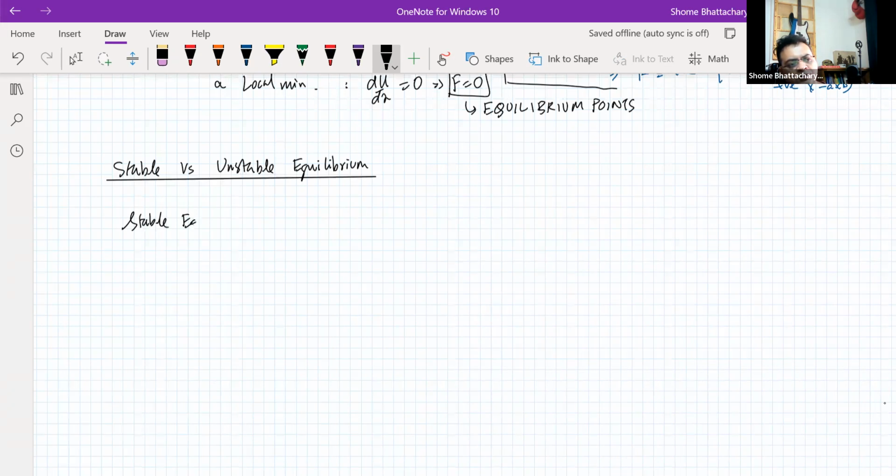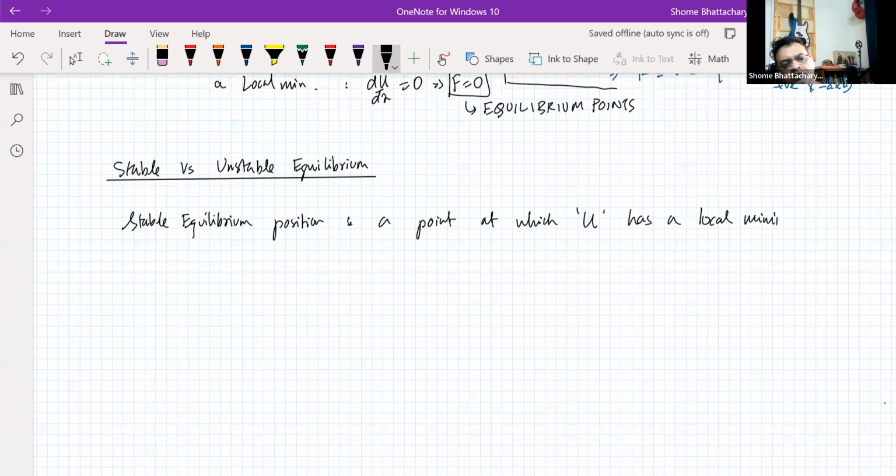A stable equilibrium position is a point at which the potential energy has a local minima. Okay. But also in terms of force, let's understand what this means.